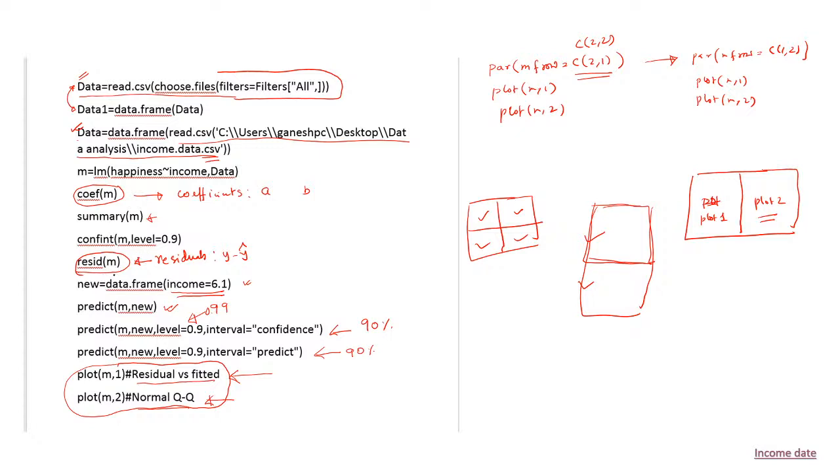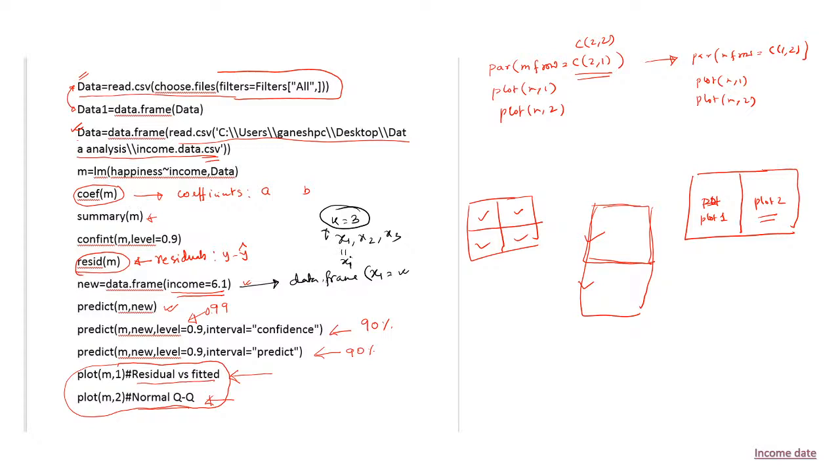You can find the residual using this command, and in that case you need to store it in a data frame. Suppose you use 3 explanatory variables, x1, x2, x3, and you want to predict at some values.